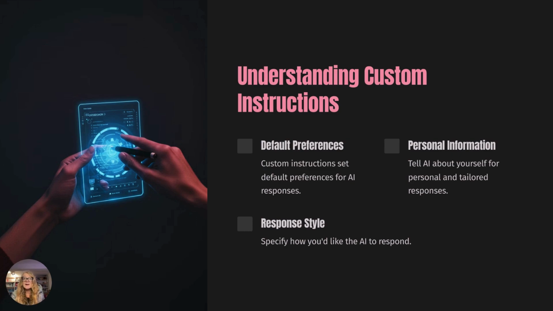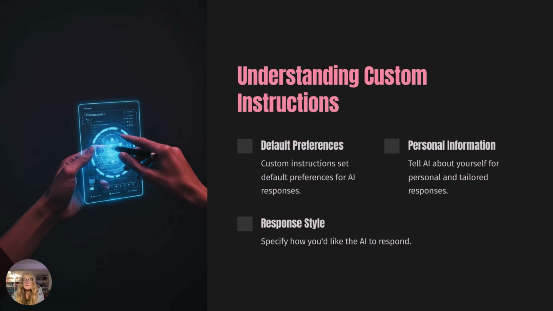In this lesson, I'll explain why keeping top level custom instructions minimal is the best approach, and where you should put detailed, context specific instructions instead. So, most AI tools now allow you to customize how they interact with you. In ChatGPT, for example, you can set what it should know about you to provide better responses and how you'd like it to respond.